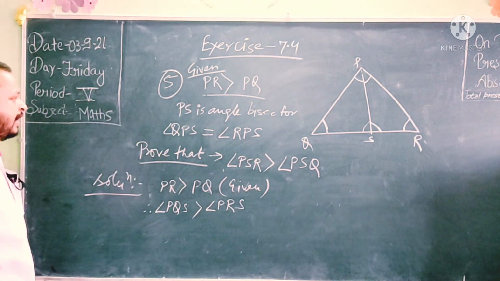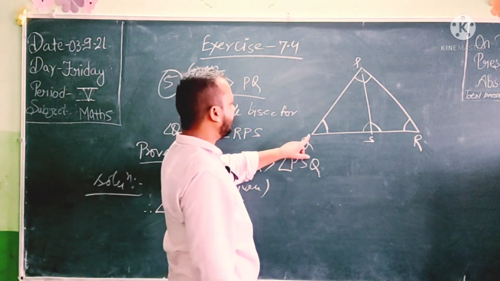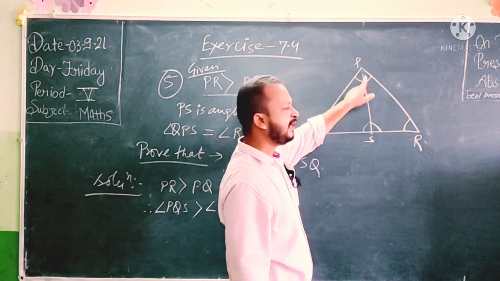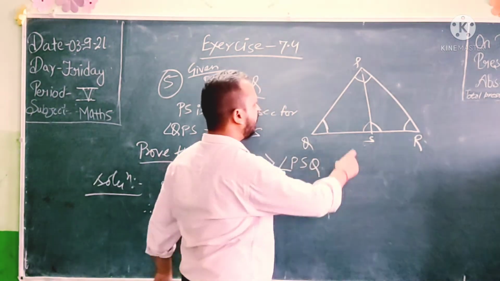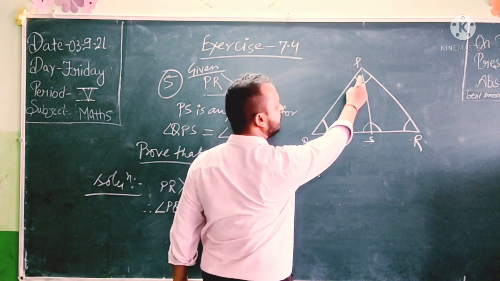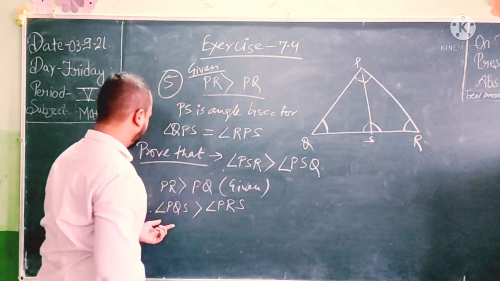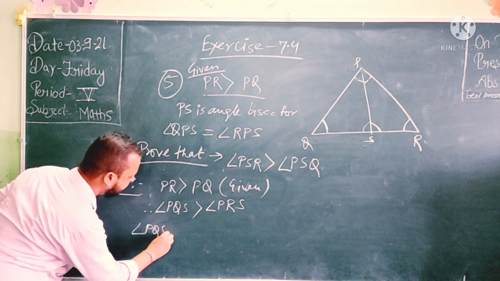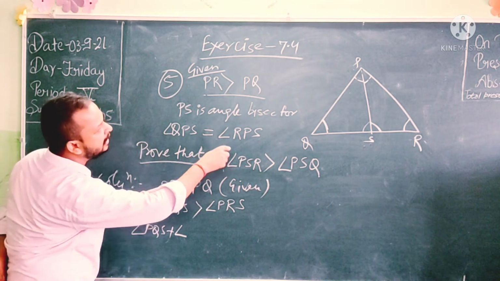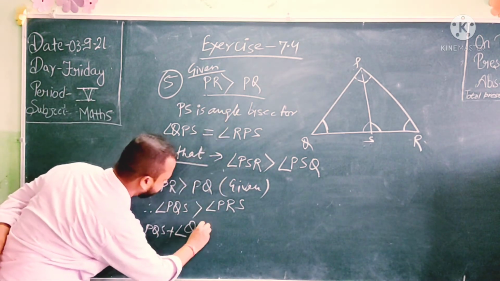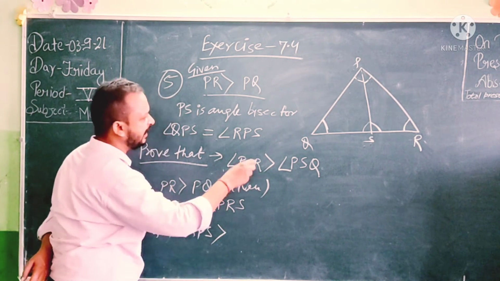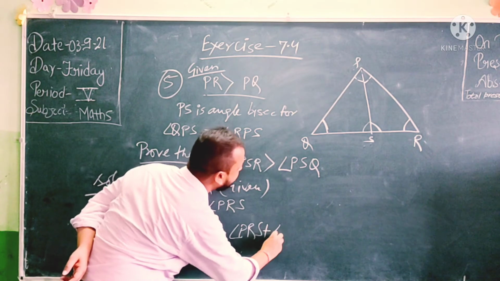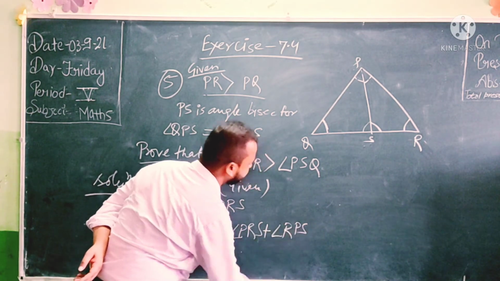Now, here you know that angle QPS is equal to angle RPS. So we are just going to add this equal angle here. So angle PQS plus angle QPS is greater than angle PRS plus angle RPS.